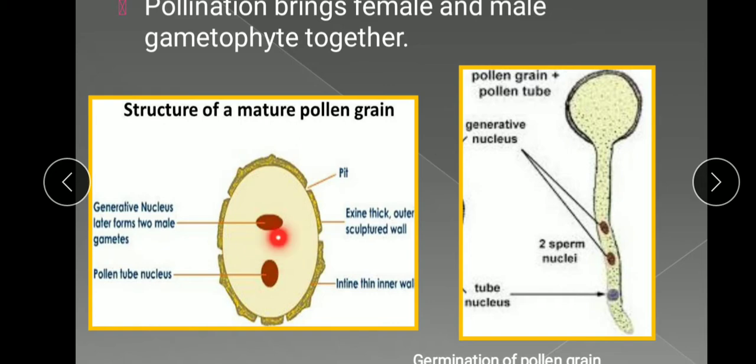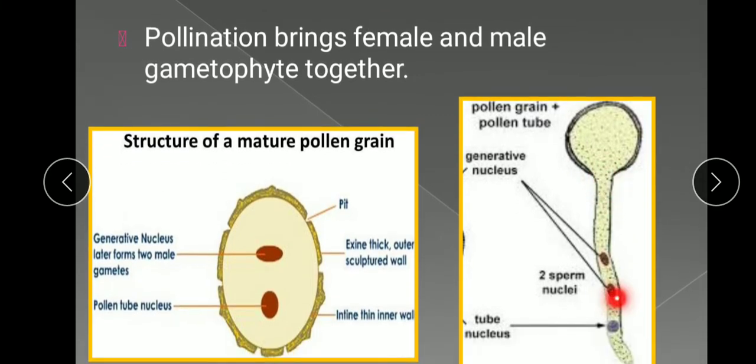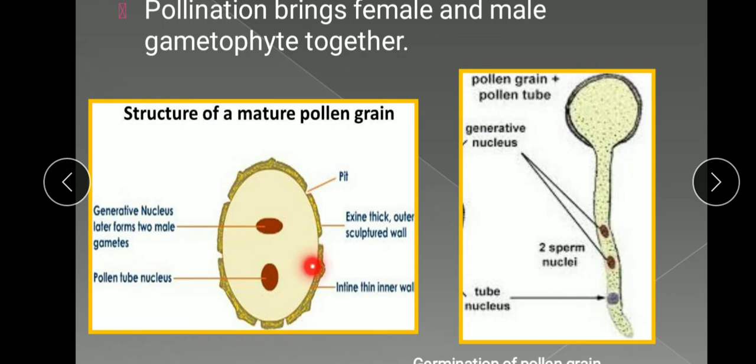As the pollen grain falls on the stigma, it absorbs the sugar and water present on the stigma and bulges out to produce a tube. This tube is known as the pollen tube. The intine layer bulges out through the space where the exine is absent, and forms a longer tube. This tube-like structure formed by the intine is known as the pollen tube.